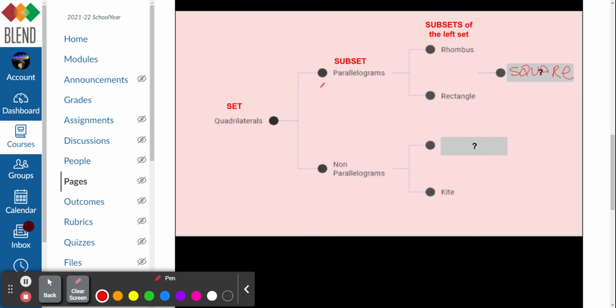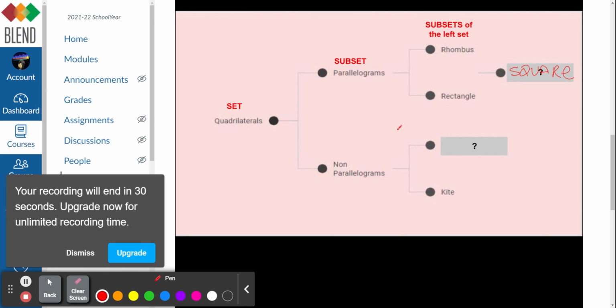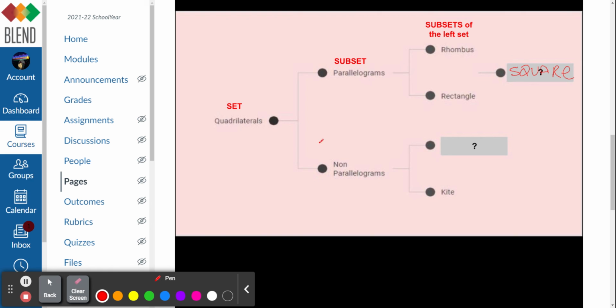A square has 4 sides, 2 sets of parallel sides, 4 congruent sides, and 4 90-degree angles. So it is all of these things. A square is a quadrilateral, it is a parallelogram, it is a rhombus, and it is a rectangle. A square is always a quadrilateral, a parallelogram, a rhombus, and a rectangle. All right, and then down here, the one quadrilateral we learned about that does not have parallel sides is not a parallelogram.